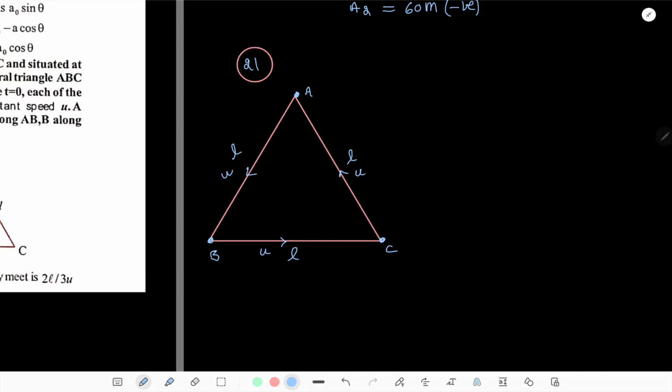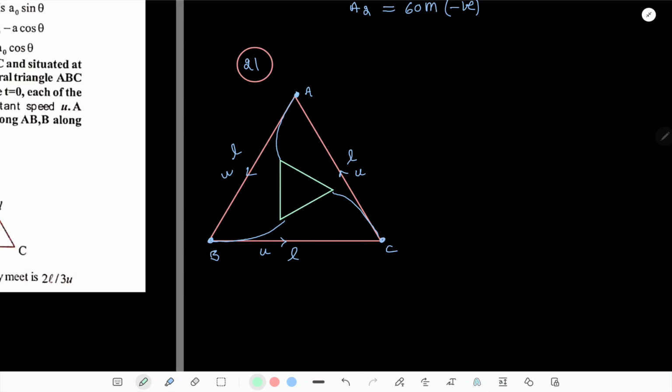Eventually, since each one moves toward the one ahead of it, the directions of these velocities will change, like this, and A's direction will change like this, as well as B's direction, and therefore the size of the triangle will reduce, and it will reduce to something like this.